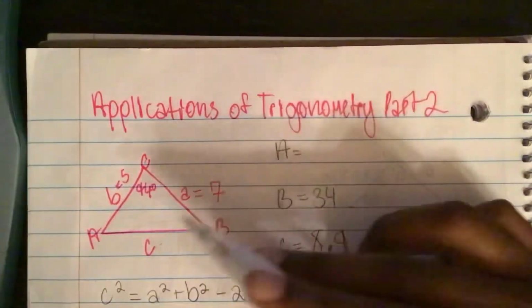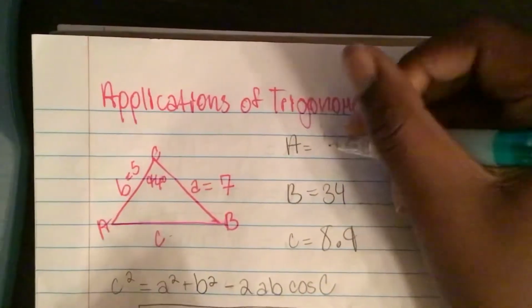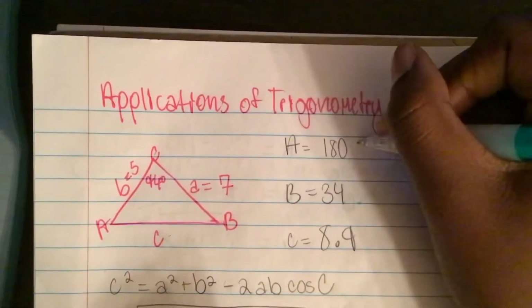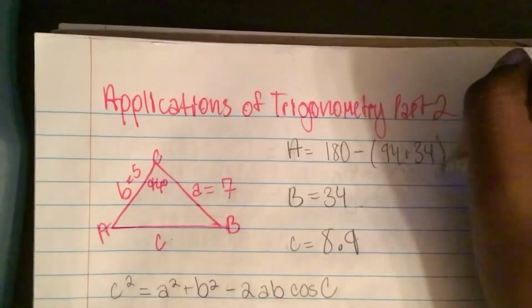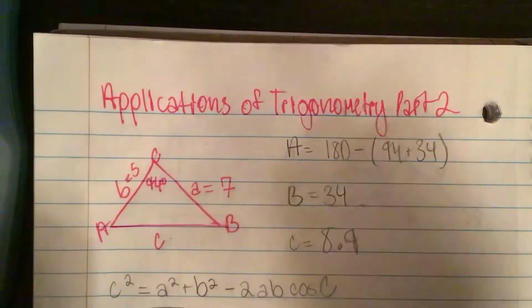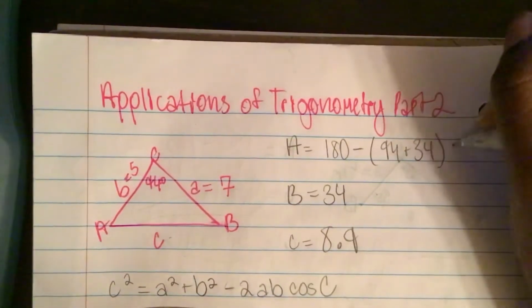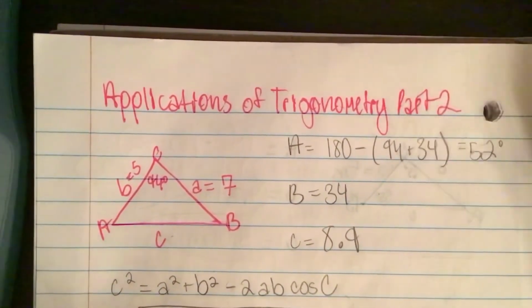We know B and we know C. We can say that A is going to equal 180 minus 94 plus 34, which is 52. So angle A equals 52, angle B equals 34, and side C equals 8.9.